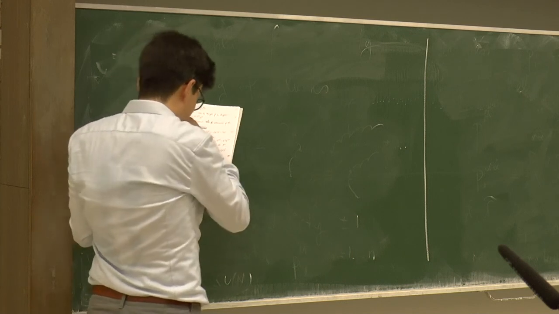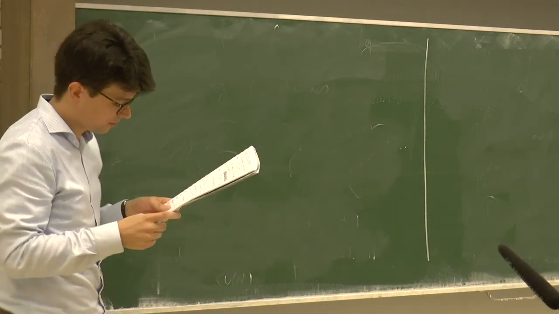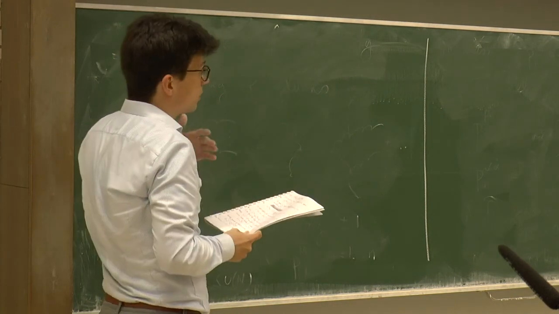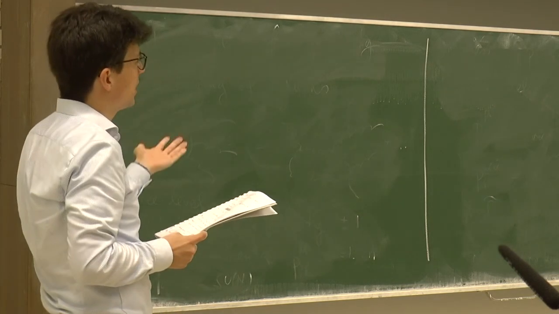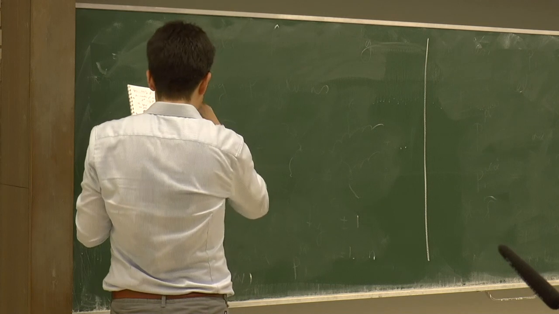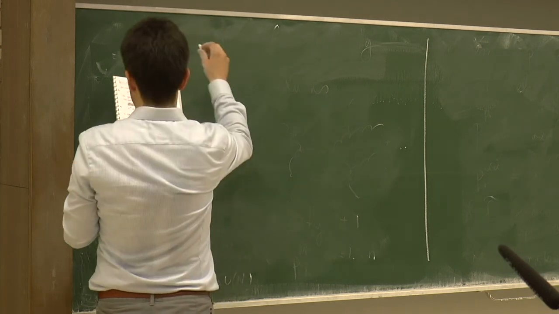So first, about the helicity weights, I've already used this, but I just want to say very clearly that we've made a convention of what we call plus helicity and what we call minus helicity. So let's formalize this a little bit.